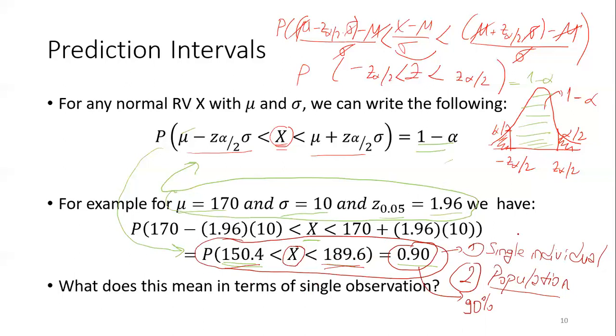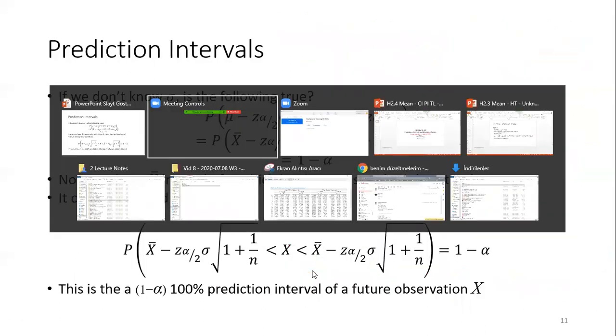So in terms of a single individual, this is a probability, and in terms of the population, it gives the percent of the population that lies in this interval. So there are two meanings for this probability.